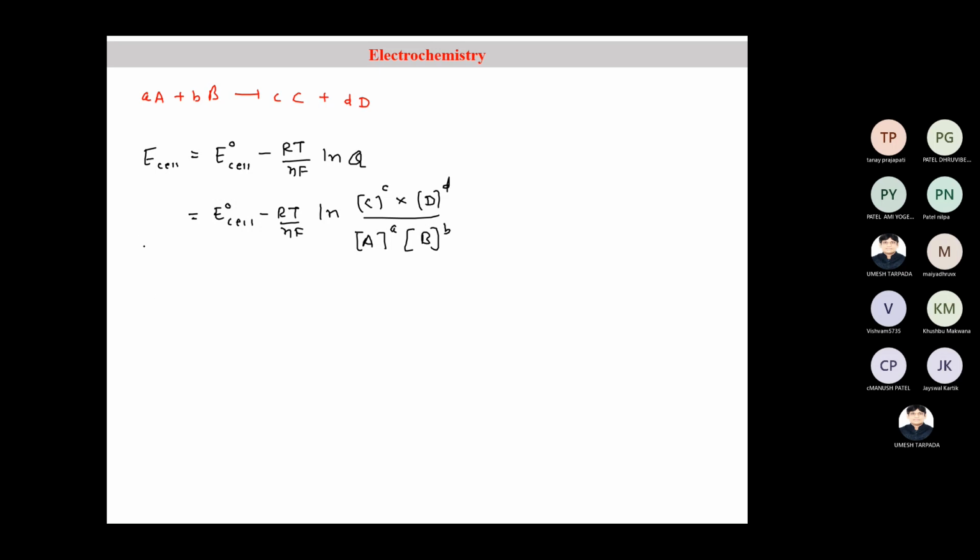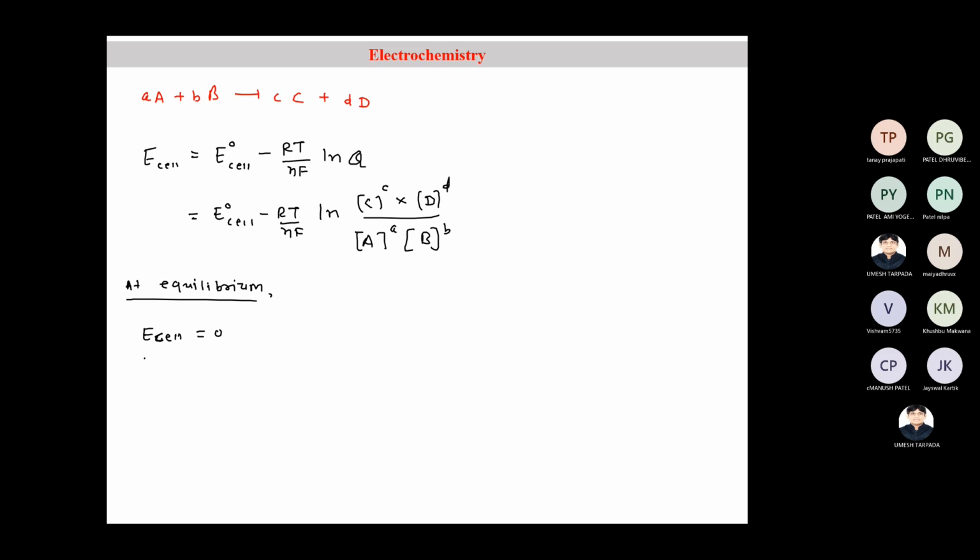For any cell, what happens at equilibrium? Whenever the equilibrium condition is given, you always write E cell value as 0. When the cell is in equilibrium, the cell potential becomes 0.